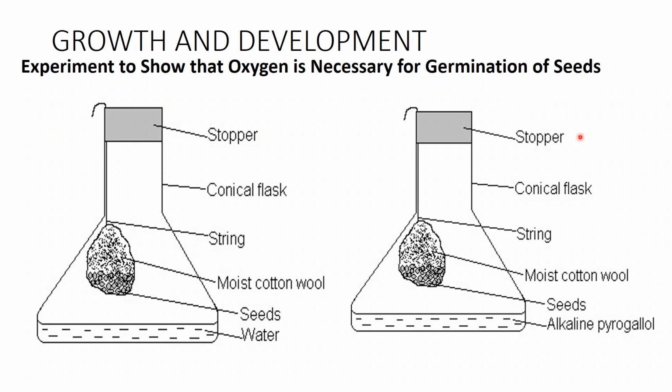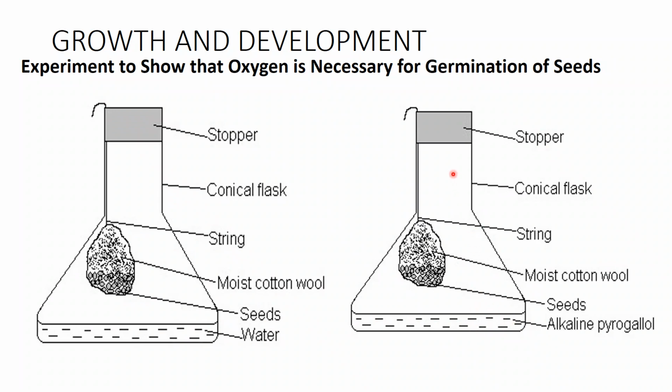Then in the control experiment, we have a stopper. We have everything the same, but instead of water, we have this solution called alkaline pyrogallol. Alkaline pyrogallol absorbs oxygen, just like the way sodium hydroxide was absorbing carbon dioxide in those photosynthesis experiments.